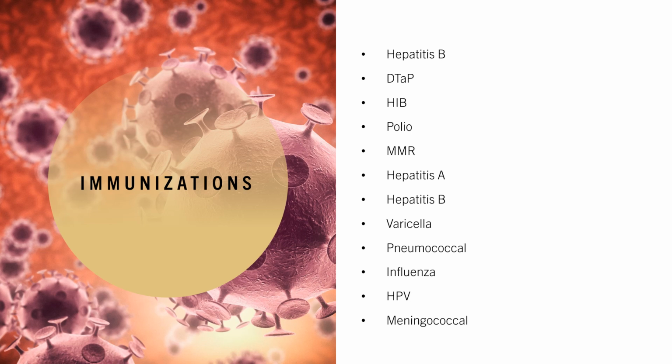MMR is a live attenuated vaccine. We can give it on the same day and time as other live attenuated vaccines like varicella. I do want you guys to know that if a parent chooses to spread out the vaccines, which is not suggested and not good practice, they can't get a live vaccine one day and then another live vaccine a week later.